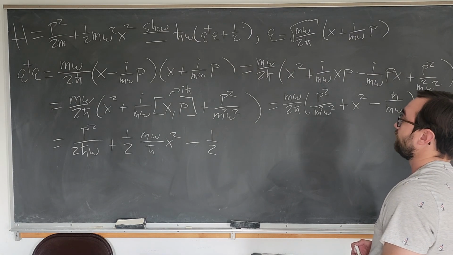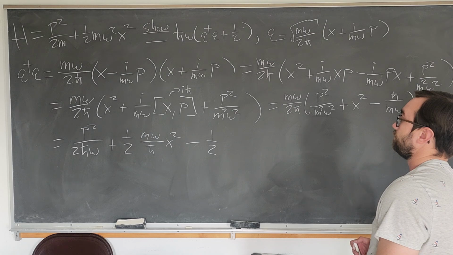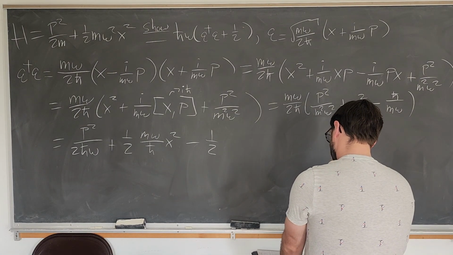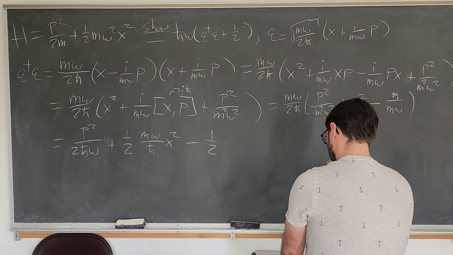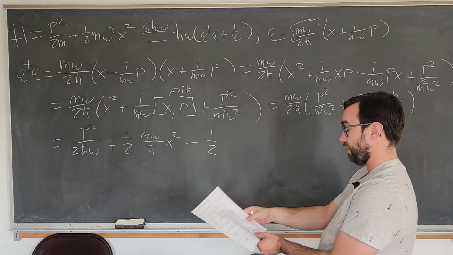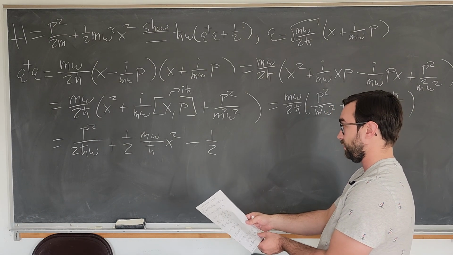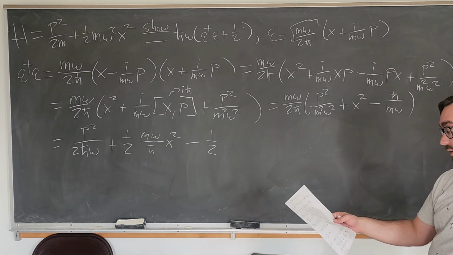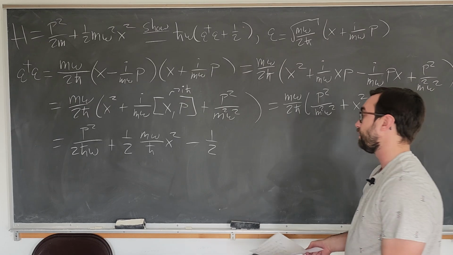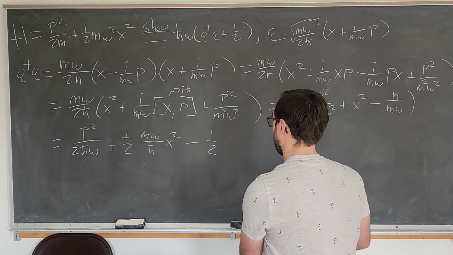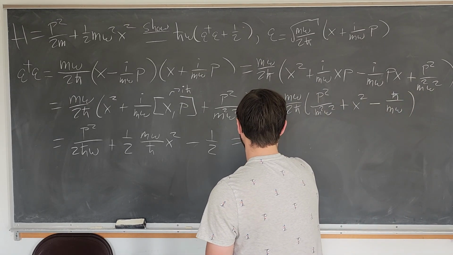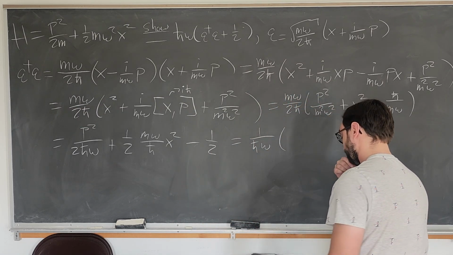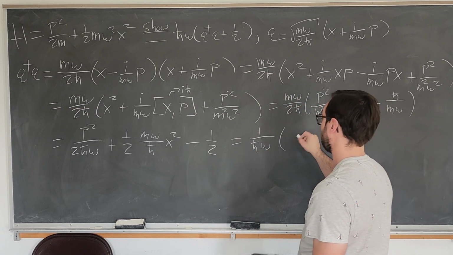Let's see if I did this right. X squared. Yeah. Just checking my notes. This is the part where it always gets tricky. Yeah, it should be good. And now we notice that we can factor 1 over h bar omega from this term here. Yep.